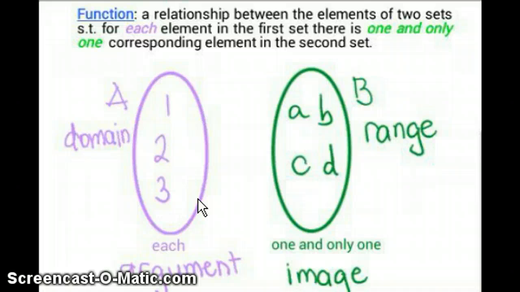So I'm going to show the correspondence between the elements of the first set, between the arguments and their corresponding images, using arrows. So I'll choose at random the corresponding element for 1 to be C.